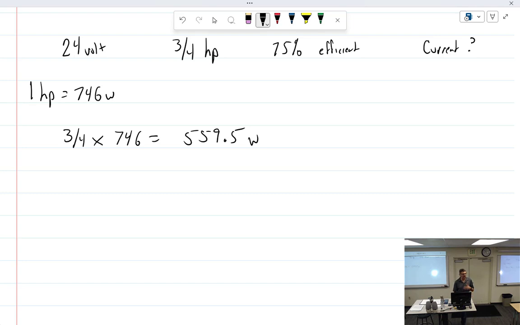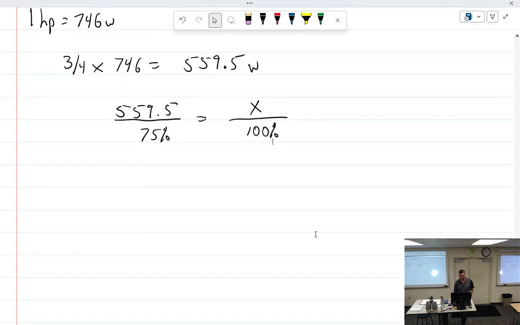Now we're going to set up our ratio, is what I would do. So I'll start with 559.5 over 75%, and then I want to know, what's my ratio here? X over 100%. All right, cross multiply.